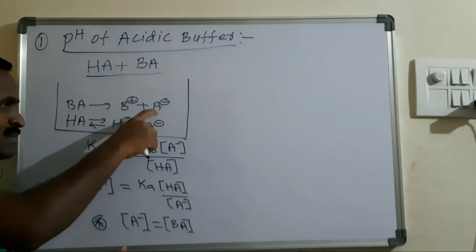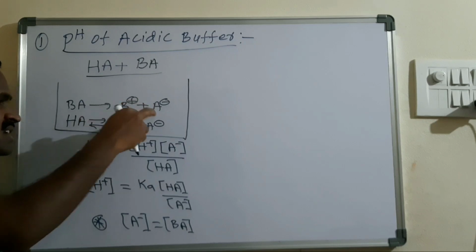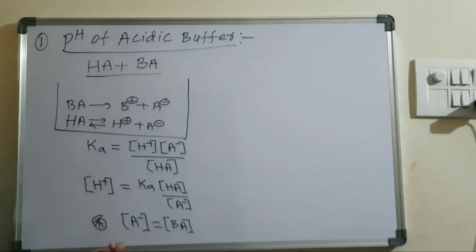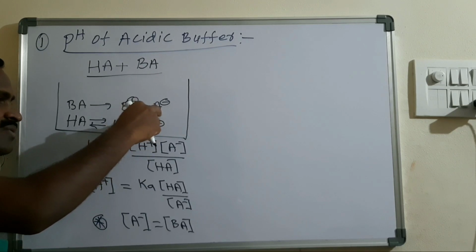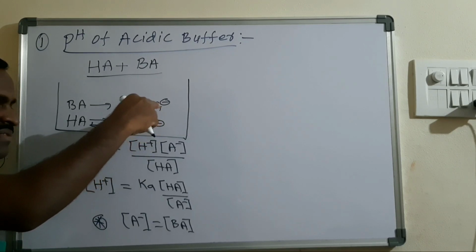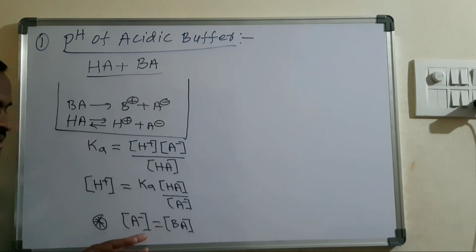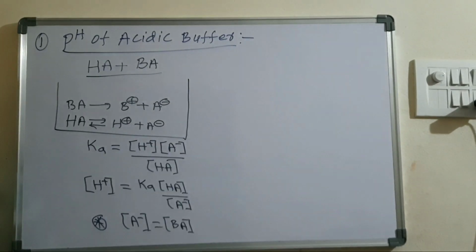That's the reason the A minus ion concentration is equal to the BA concentration, that is, the salt concentration. So instead of the A minus ion concentration I can write the BA concentration.